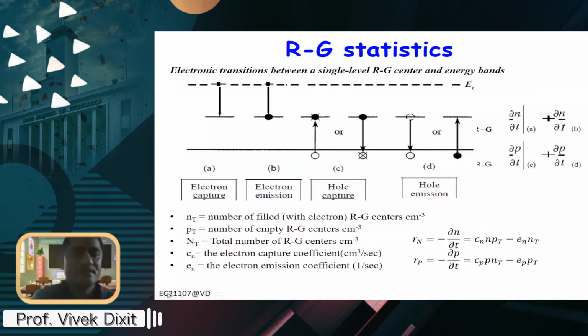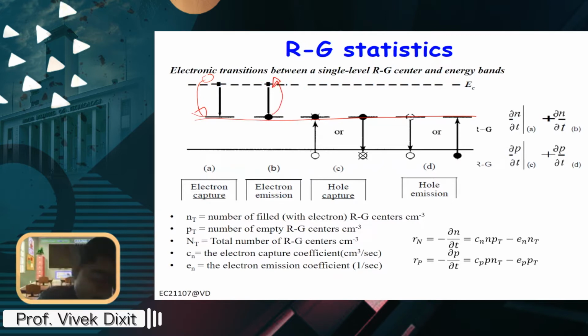We have already discussed trap assisted recombination, right? There is a trap level here, you can see in the middle. Now these traps can capture an electron, or emit an electron, or capture a hole, or emit a hole. Electron capture is when an electron from the conduction band is captured by this trap level, and electron emission is when an electron goes from the trap level to the conduction band.